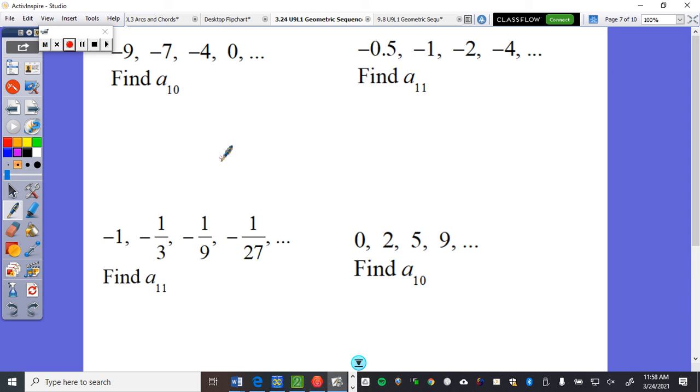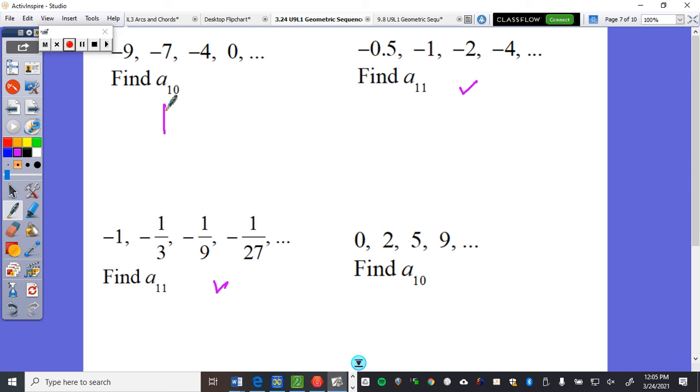Let's do this one and this one. What do we got? What's the common ratio? What am I dividing or multiplying each time? Nothing.